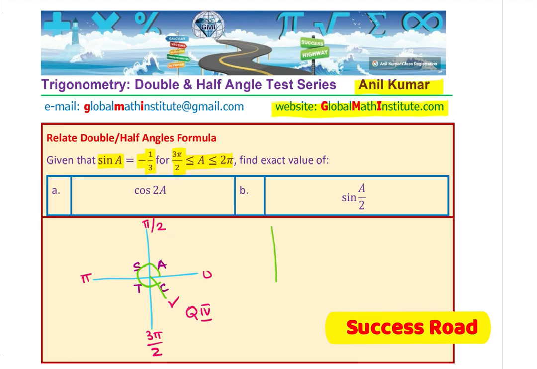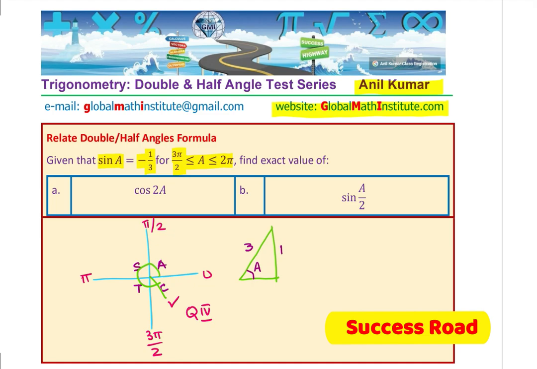So we can now make a triangle and write down what is given to us. For angle A, assume that the diagram has been plotted in quadrant 1. So we'll have opposite side of 1 and hypotenuse of 3, right? So that is the given thing.